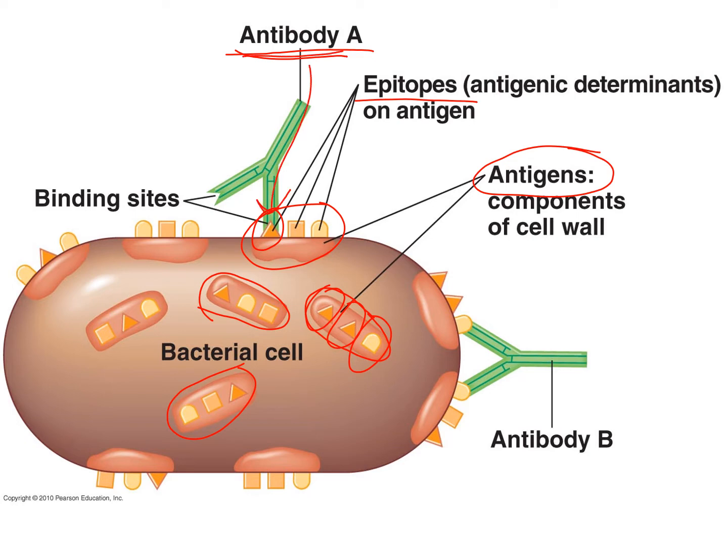So this antibody A only recognizes and binds to that triangular epitope, whereas antibody B in this case only recognizes and binds to that rounded epitope. So every antigen has several epitopes, and the antibody binds to one epitope on a particular antigen.